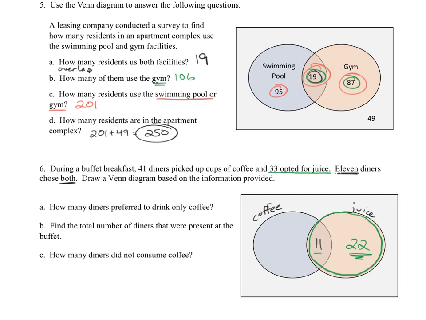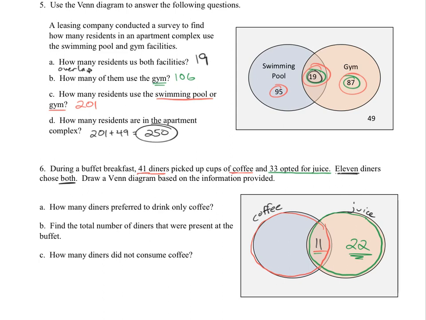And we do something similar over here for the people who picked up coffee. So 41 diners opted for coffee. Now again, those are the people who are just in this bubble. And what that means again is that we already know we have 11 people that chose coffee because they chose coffee and juice.